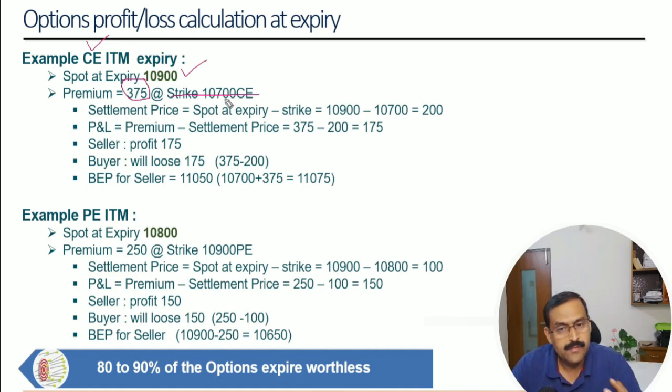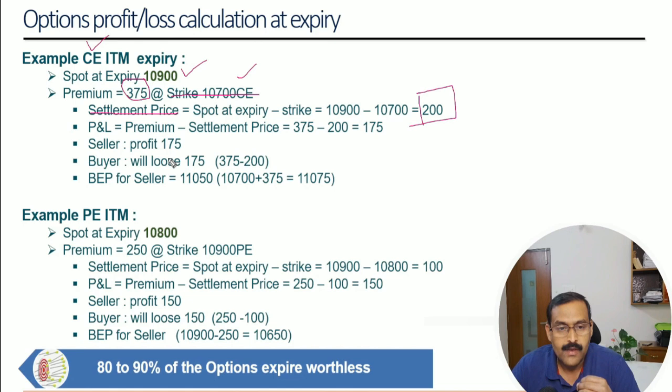First of all, this is in the money because the spot is above the strike price for this call option. So how much is it in the money? That is the distance between the spot and the strike price. That is 200 points. You see here the settlement price or the ITM value of this strike price when Nifty gets expired at 10,900.